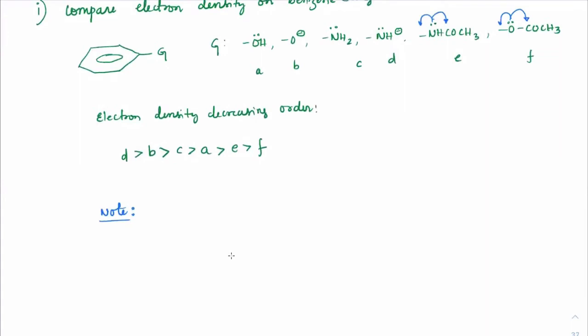Now, you got to note one thing: all of these are plus M effect groups. Let's say I take OH here as an example, and OH will donate electrons. When it donates electrons, you will see this pi bond will move here. I'm just writing the canonicals for the same.